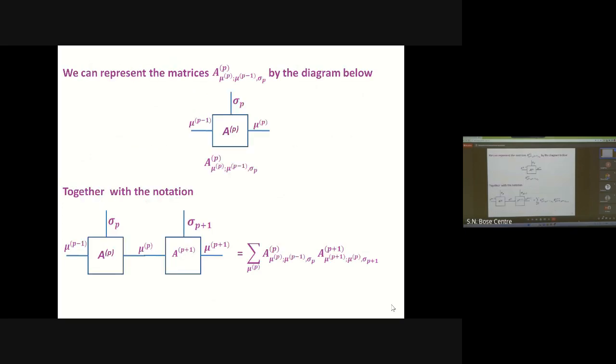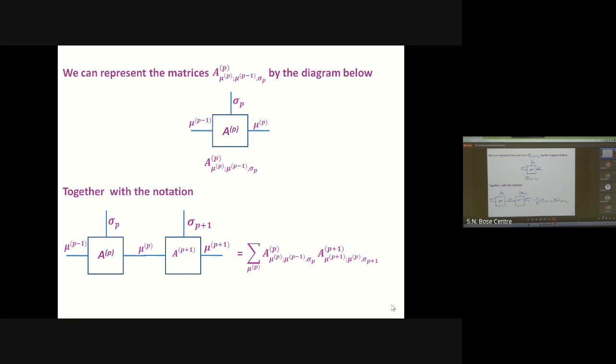So if I write down the notation for the matrix product, for example, if I'm looking at a matrix A P, it has mu P as a row index here, and mu P minus 1 is another index, and sigma P is another index. Earlier I had taken a product of mu P minus 1 and sigma P and said it is a column index.